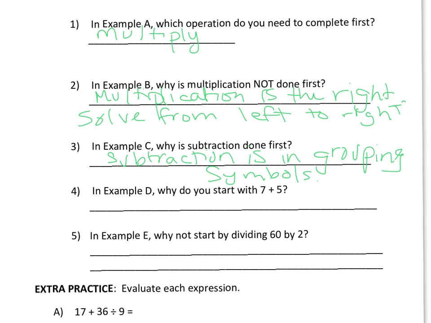And in example D, why do you start with 7 plus 5? We start with 7 plus 5 because when we have more than one grouping symbol, you start with the innermost grouping symbol. You must begin with the innermost grouping symbol.